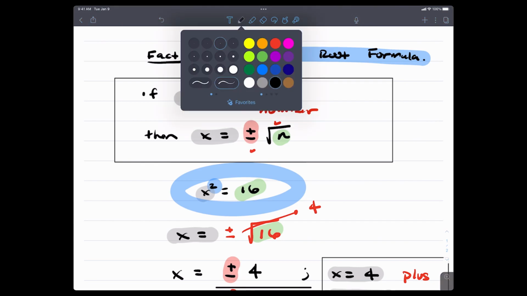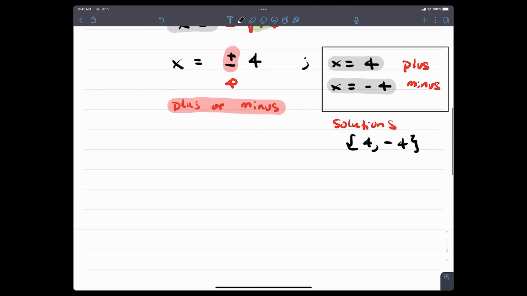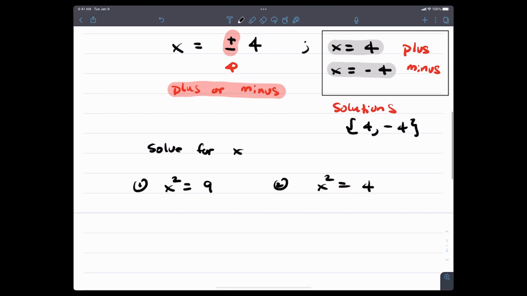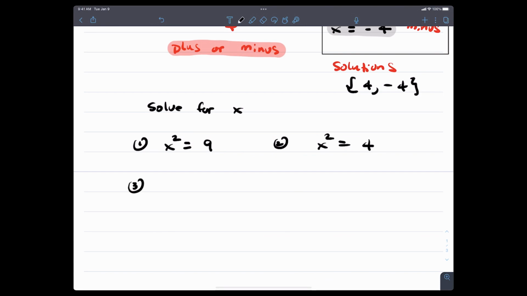So I'm going to have you guys do some more. Solve for x. We're going to have you use this formula. Not too hard to do. Number 1, x squared is 9. Number 2, x squared is 4. Number 3, x squared is 36. Number 4, x squared is 100.